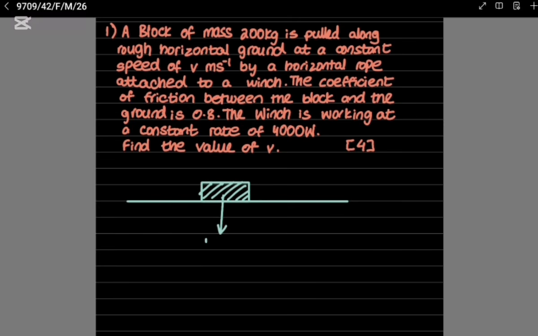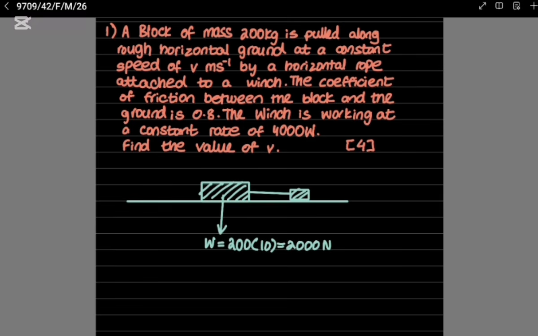We take g as 10 in mechanics, so the weight is mg, which is 200 times 10, which is 2000 newtons. And we have a winch, so let me draw it a bit smaller, and it is attached by a rope. So it's the rope that is pulling it.